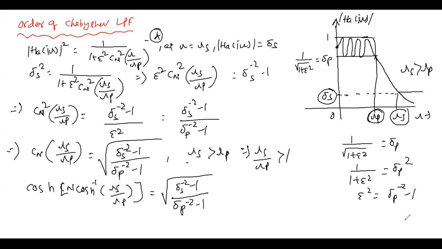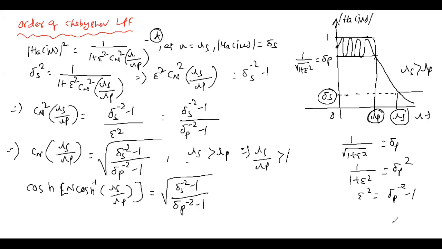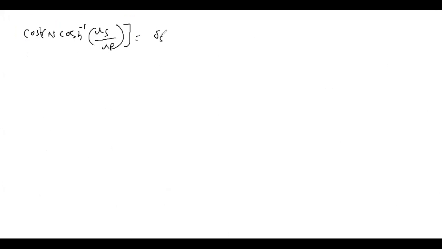Okay, so like this, cos hyperbolic inverse omega s by omega p equals del s minus 2 minus 1 divided by del p minus 2 minus 1.